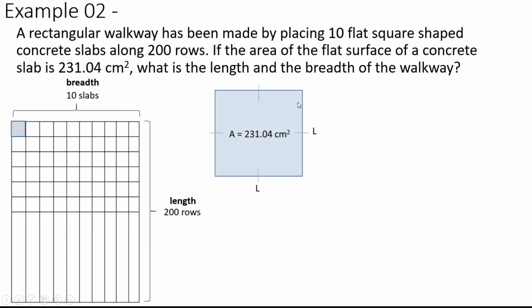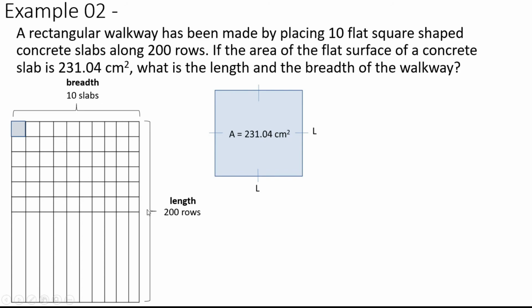This is one concrete slab, one flat square-shaped concrete slab. The area of this is 231.04 square centimeters. So in order to find the length and the breadth of the walkway, that is, this is the breadth of the walkway and this is the length of the walkway. We have to find this breadth and this length of the walkway.